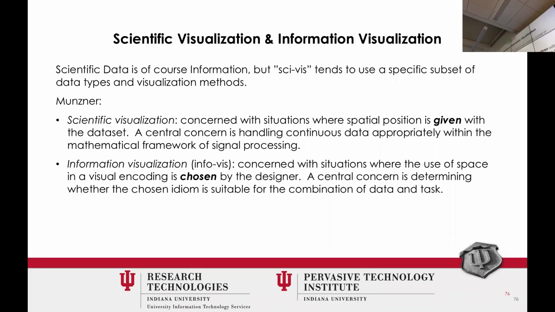If there's an assumed spatial position, then a lot of times we're going to consider that more science-based. Whereas if you can move objects around and create your own spatial relationships, which helps you maybe reveal patterns, then at least in Tamara's dichotomy here, she calls that information visualization.